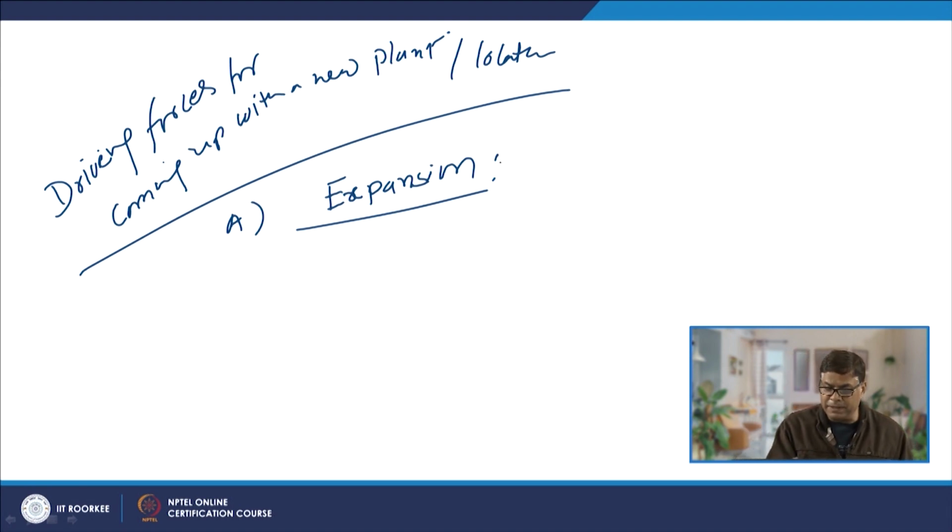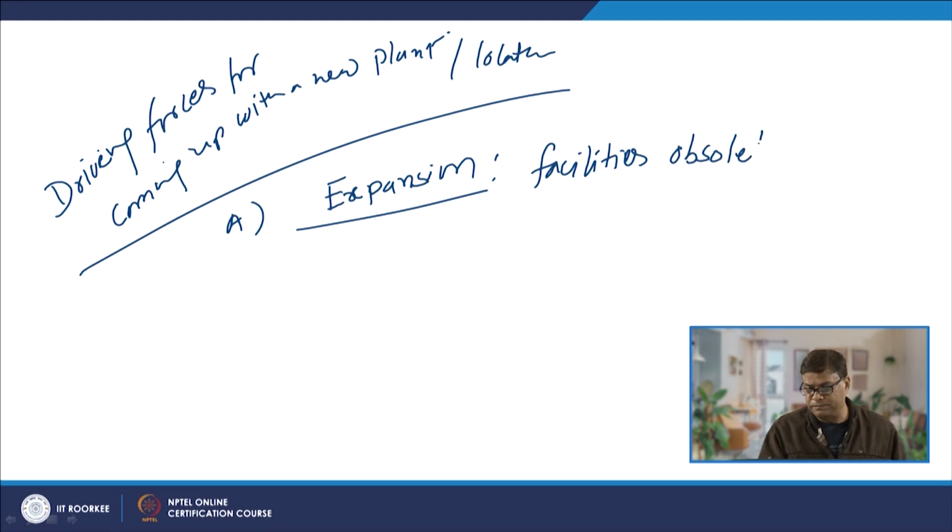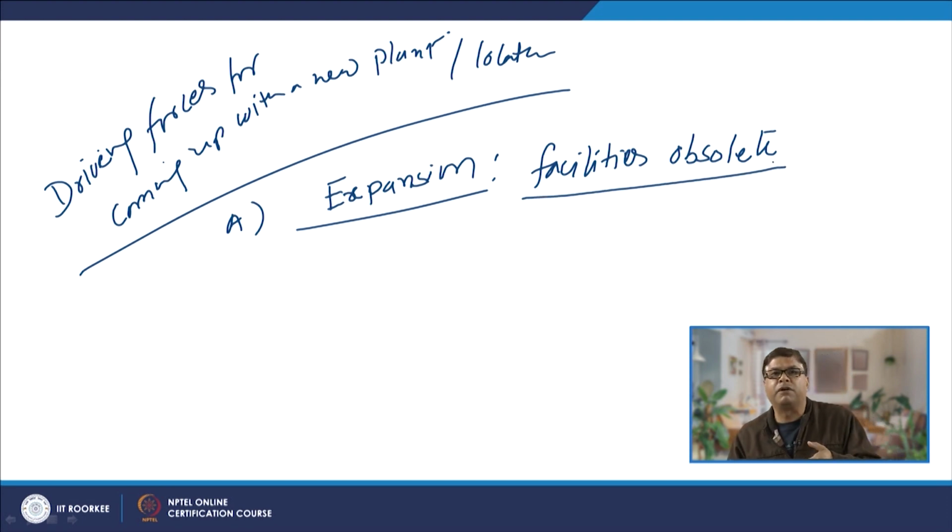Expansion may be needed in the different situations, like whatever facilities are there with the organization, they have become obsolete. So, the old and obsolete facilities may not be able to offer the required quality products, or the productivity is less, or they are not able to fulfill the demand of the customers.